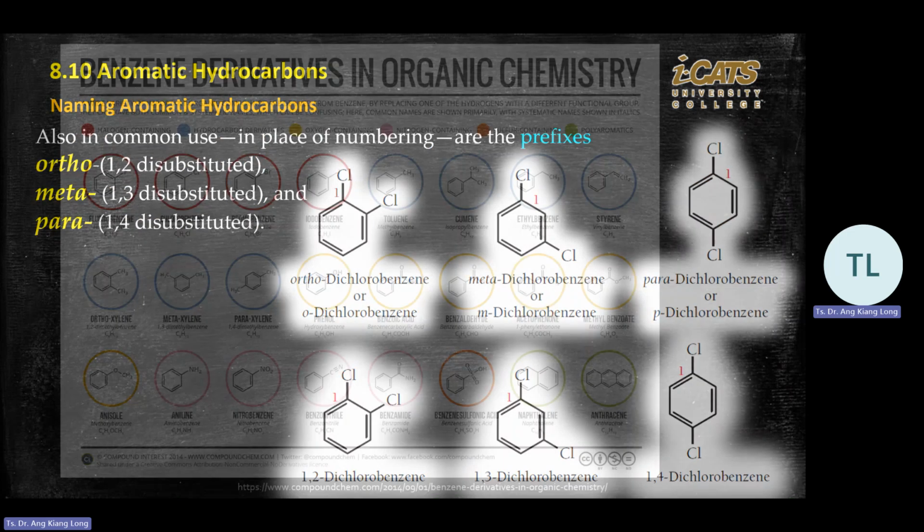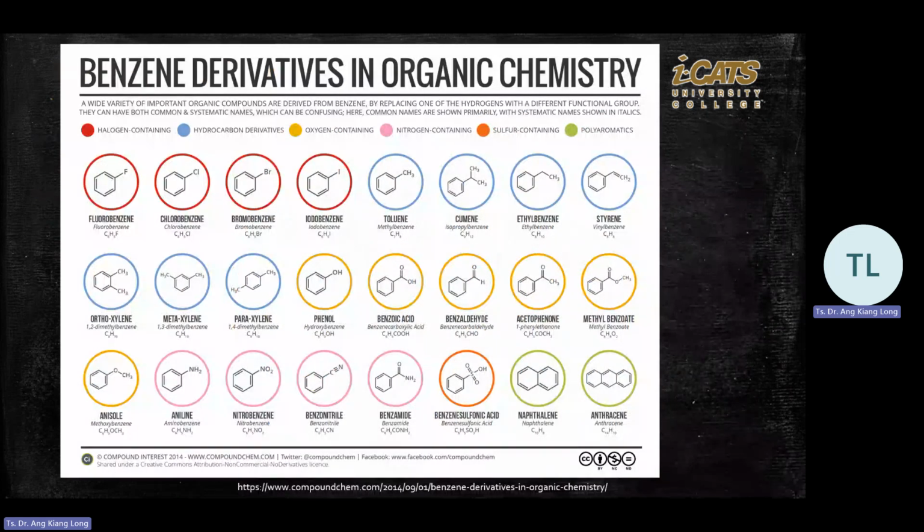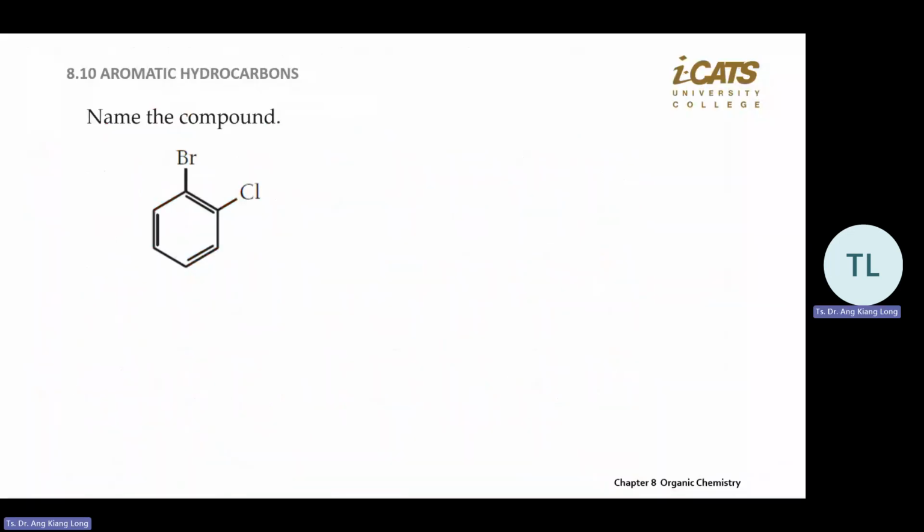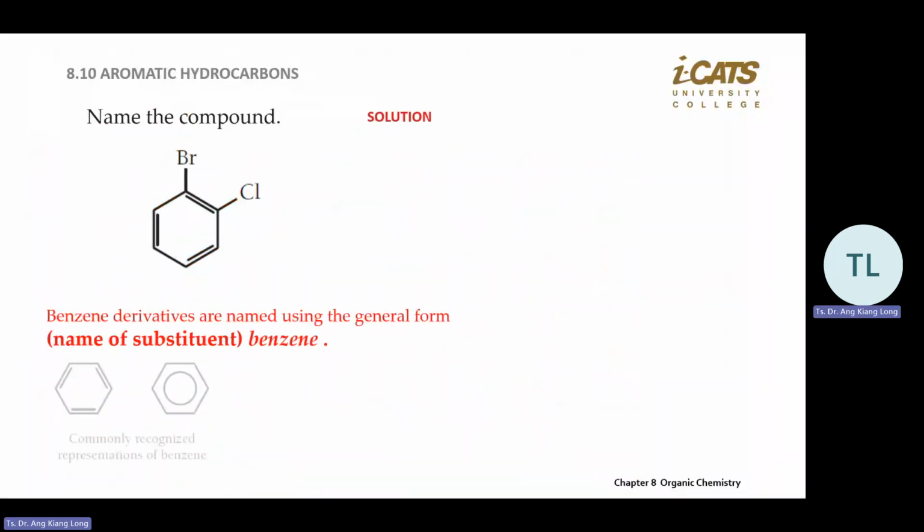So this is the table. If you want to know the scientific name of the ring structure, you can refer online. There's lots of information about this. For example, name this compound. You see a ring, it is called benzene. Sure, you need to use the word benzene if you see a ring structure.